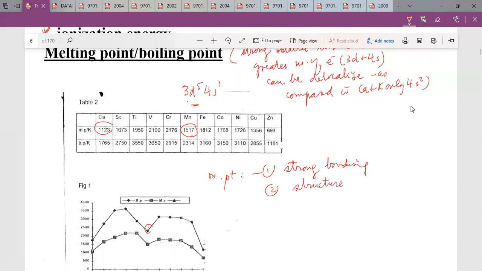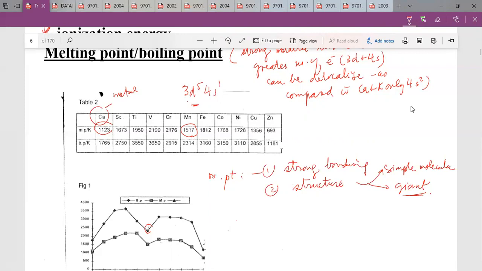Obviously, there are two types of structure: simple molecular, and giant structure. So metals are all giant. Calcium is in group 2, they are also metals, so we don't talk about structure because they are the same. But bonding, they are both metallic bonds.